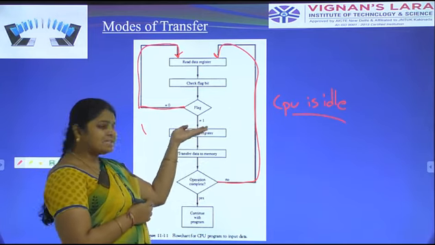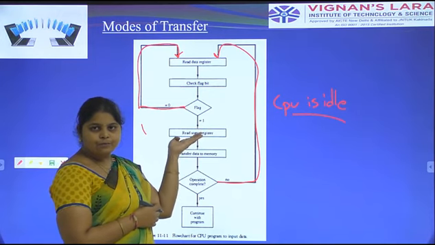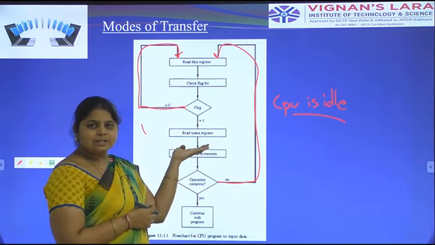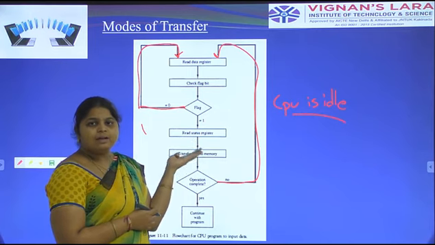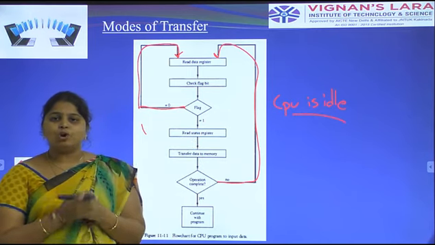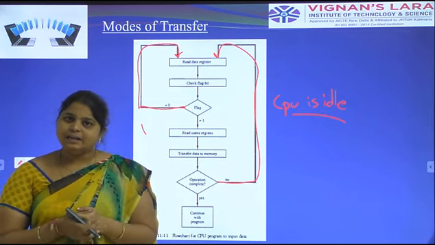Here the process is delayed in programmed IO. That's why the CPU utilization is not effective, and we have to go to the next mode of transfer, interrupt initiated IO.